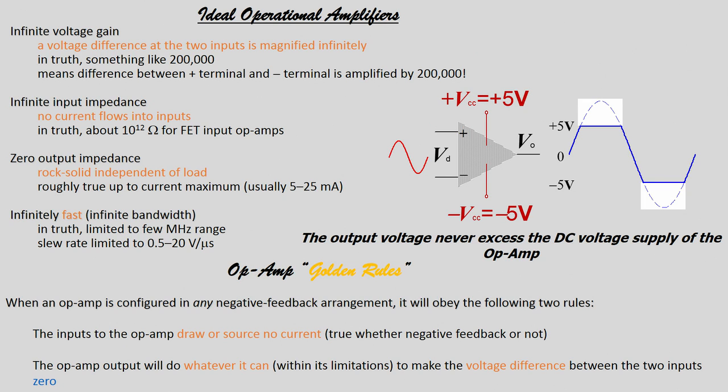So, what are a few of the characteristics of an ideal operational amplifier? When we say ideal, that means that everything that we think, right, is there. For example, an ideal person would not have any kind of negative things, right, is godly. Same thing when you talk about an ideal op-amp, it would have infinite voltage gain, infinite input impedance, 0 output impedance, and it will be infinitely fast.